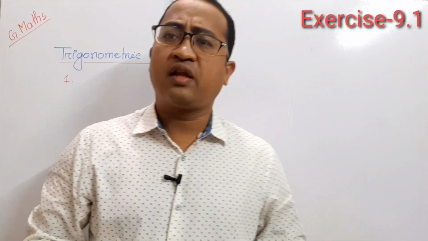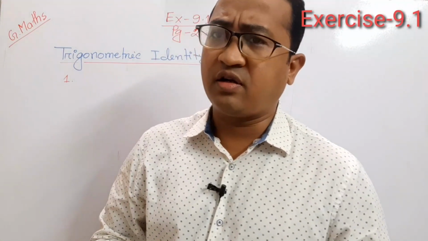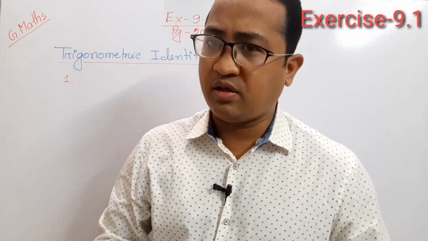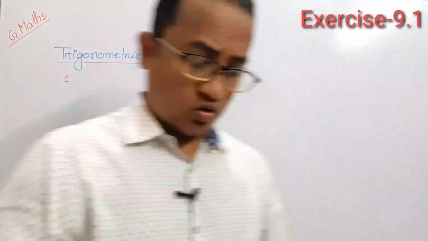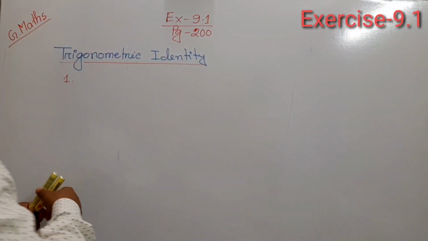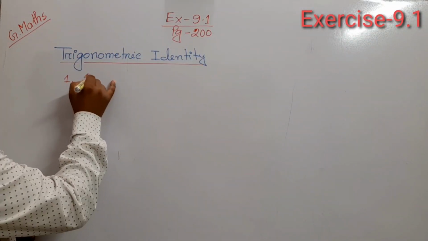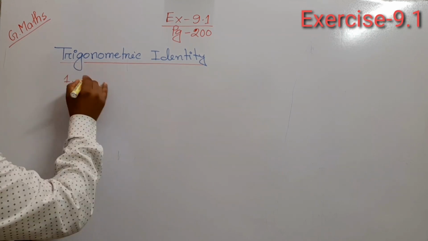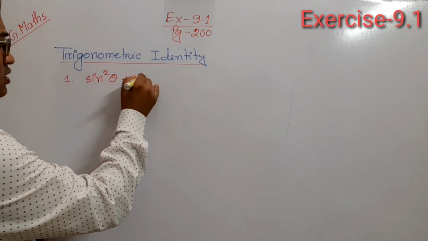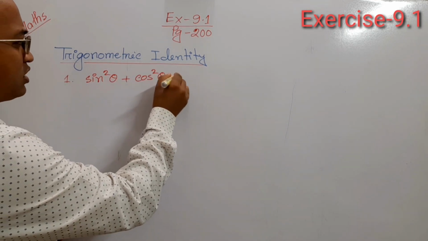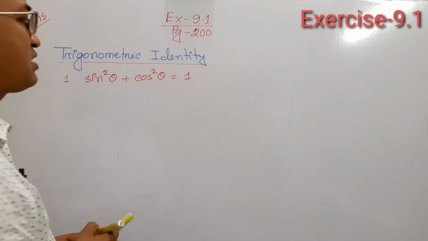We know there are three trigonometric identities in this exercise. From those three we get six more. So look at the board. First one, we know sin square theta plus cos square theta equal to 1. This is the first identity.